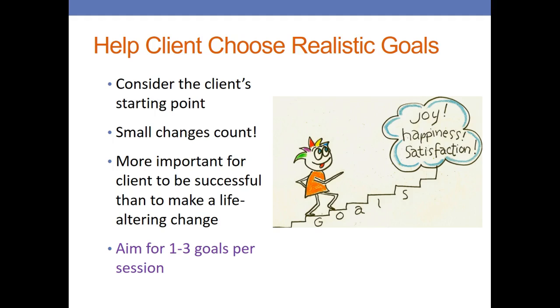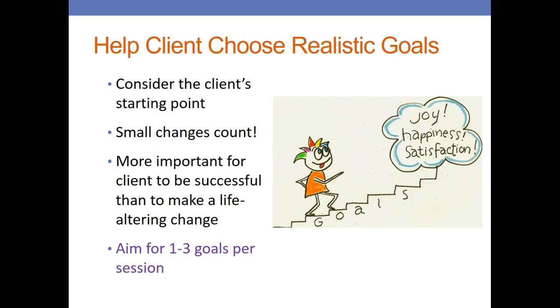Sometimes a client, again, who maybe isn't at all active right now, is only going to be willing to budge a little bit or comfortable setting that as a goal. So they might say, I am going to start walking in my neighborhood 15 minutes a week, period. You might be thinking, but you could do so much more. But the reality is, if that is what the client is comfortable doing at this time, it's an appropriate goal.